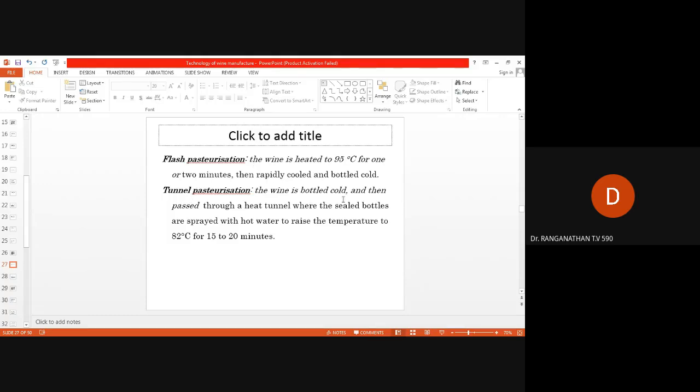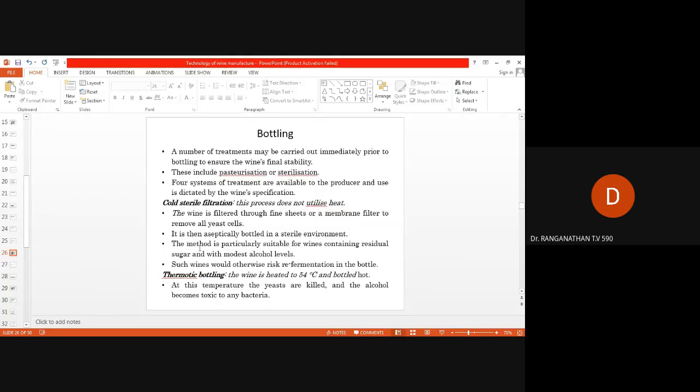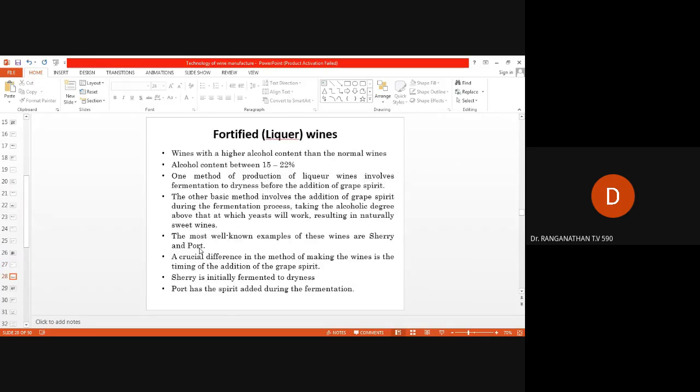Tunnel pasteurization is where the wine is bottled cold and passed through a heat tunnel where the sealed bottle is sprayed with hot water to a temperature of 82 degrees centigrade. So flash pasteurization is where you pasteurize and then bottle, whereas tunnel or thermotic bottling is where you bottle and then pasteurize, subjecting it to heat.